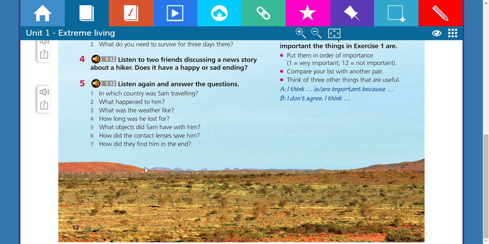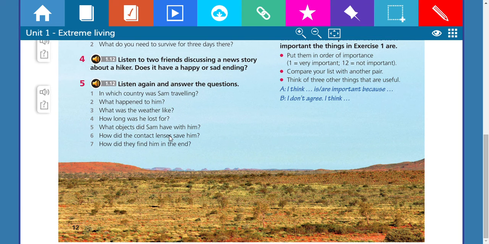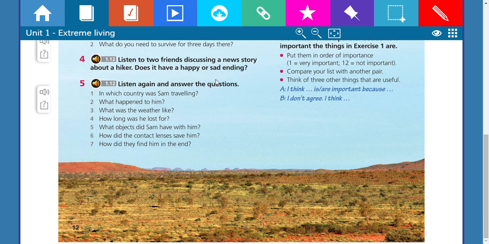It's hot. It's boiling. There are hills. Let's see. Question number 1. What do you think are the dangers of walking in a landscape like this? Landscape means paisaje.